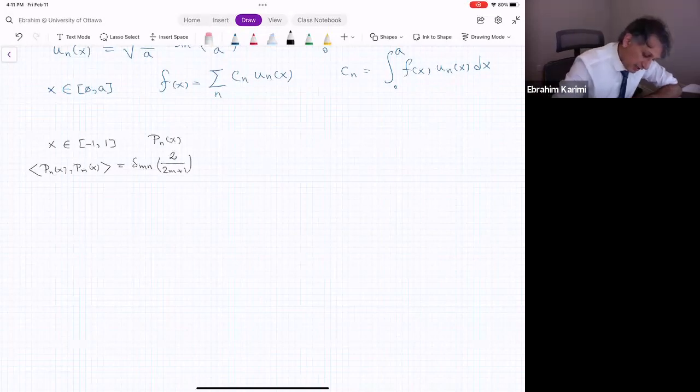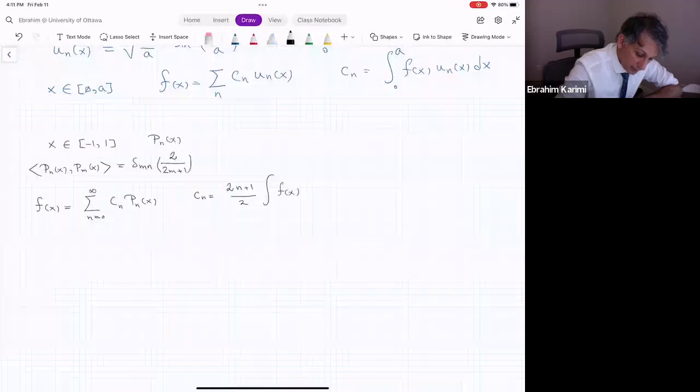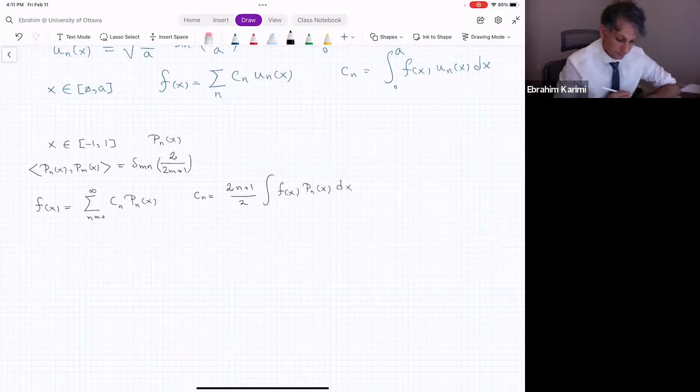And we say that any function of x can be expanded in terms of these, as the sum from 0 to infinity of Cn times P n of x. And what about Cn? Cn will be given by (2n plus 1) divided by 2 times the integral of f of x times P n of x dx.